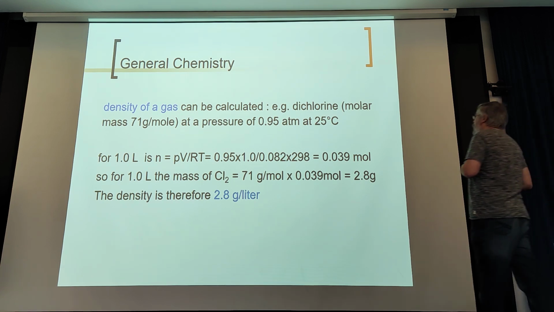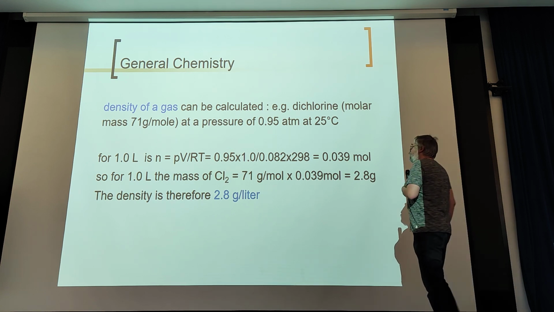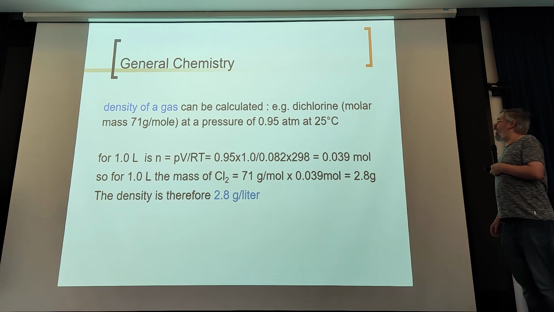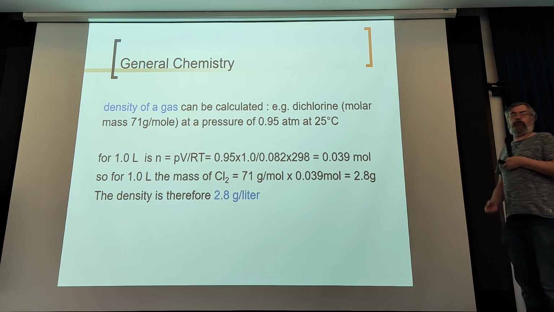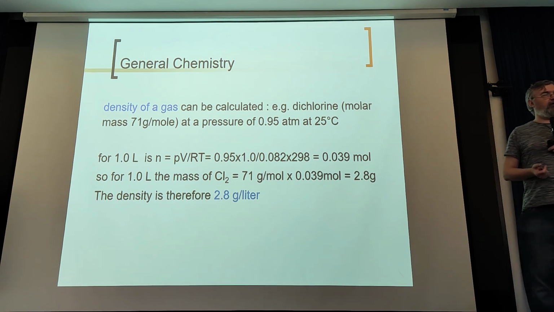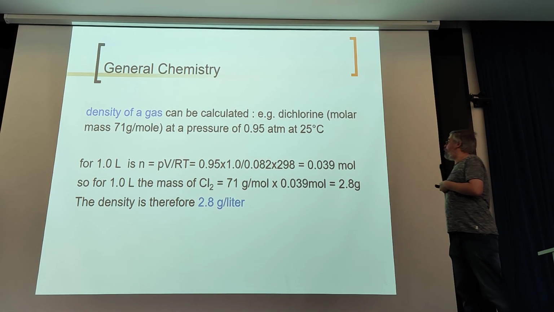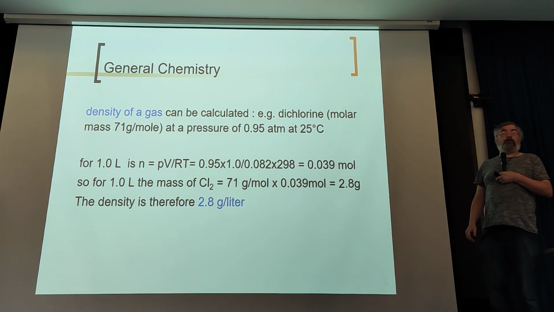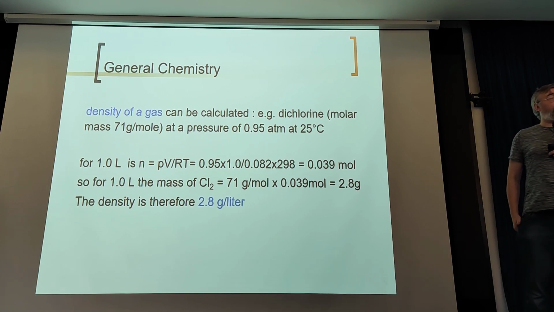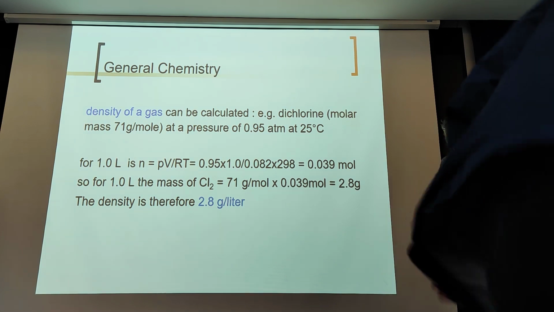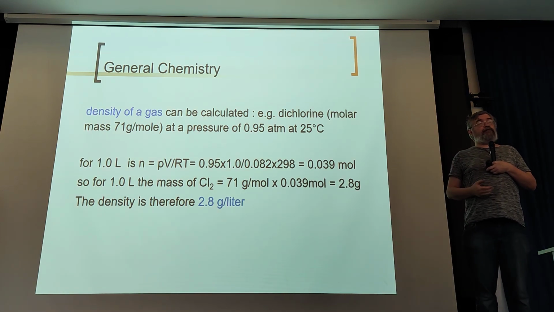Because in the same volume, we might have very heavy particles or very light particles. So, for instance, dichlorine has a molecular mass of 71 grams per mole. So, at a pressure of 0.95 atmosphere and 25 degrees, we could calculate what is the density of this gas. So, again, we can use PV = nRT. And we'll see that we have 39 millimole of dichlorine at this temperature for 1 liter. In fact, this amount of mole will be for any gas, not only for dichlorine.